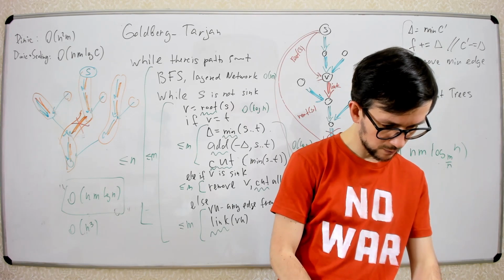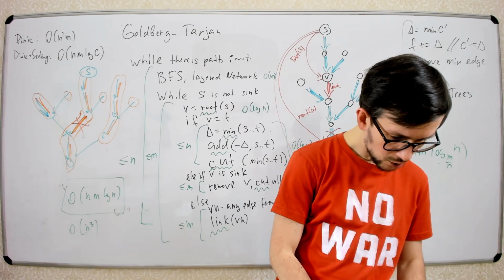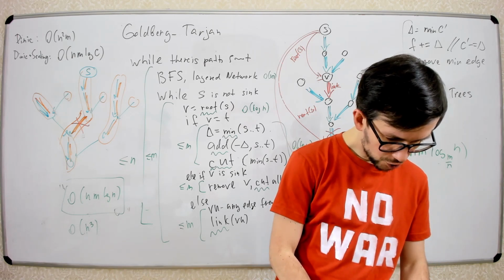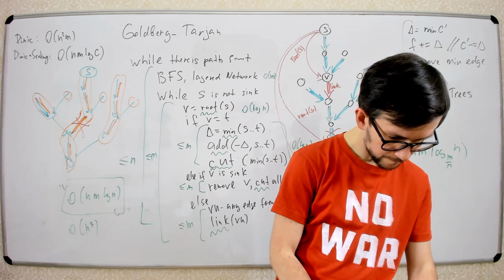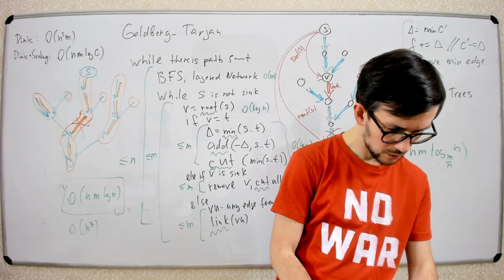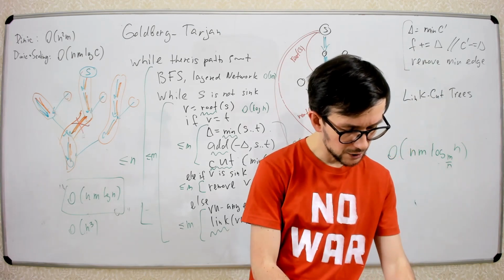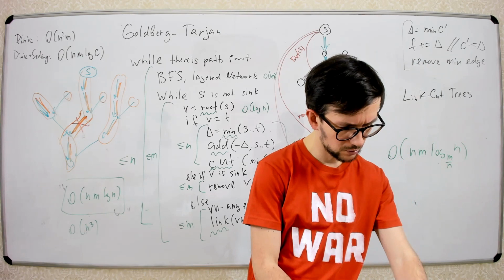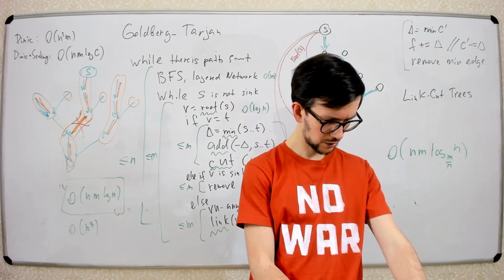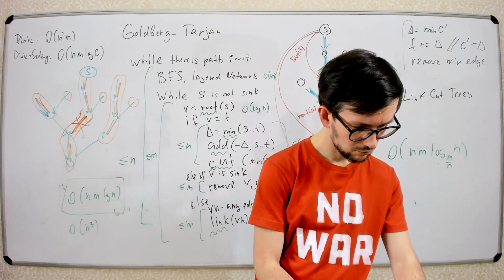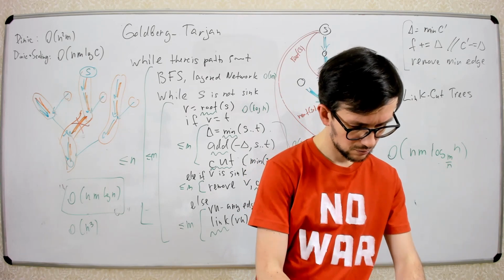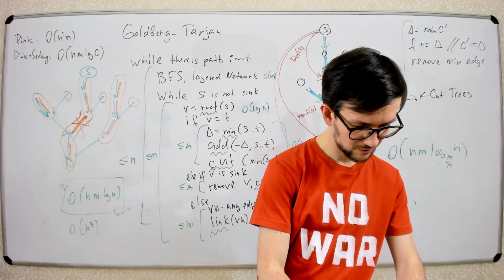No, I don't want push relabel. Oh, push relabel is also a nice algorithm. What? You're saying that Goldberg-Tarjan is actually push relabel? Am I wrong?